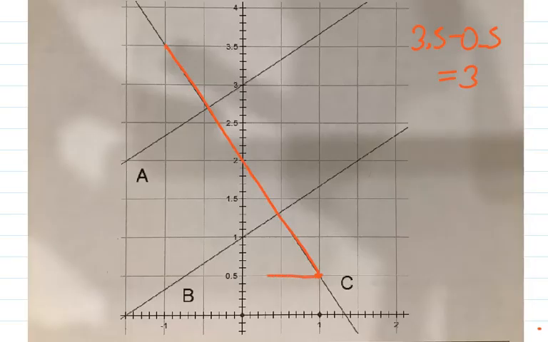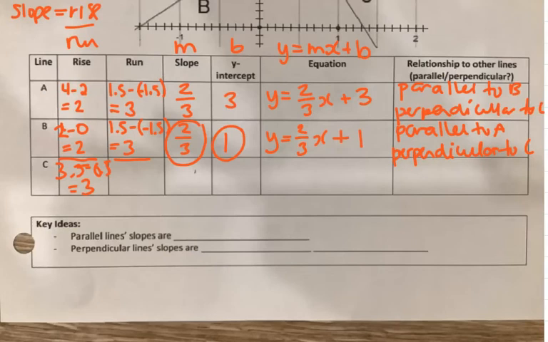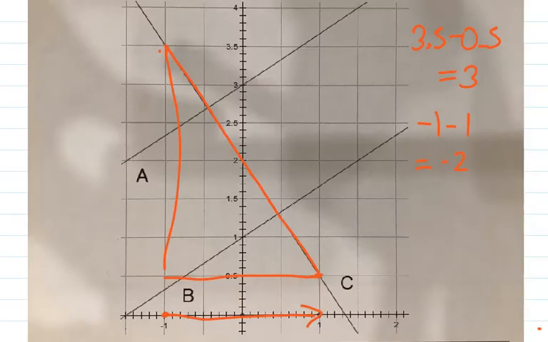And then the run, how far did we go there? We went from -1 over to 1. So -1 minus 1 is -2. So the slope, rise over run, is 3 over -2. The y-intercept, where we cross the y-axis, is at 2.